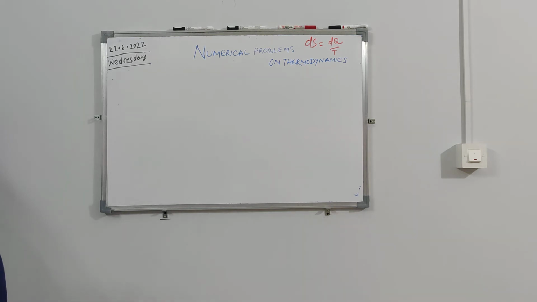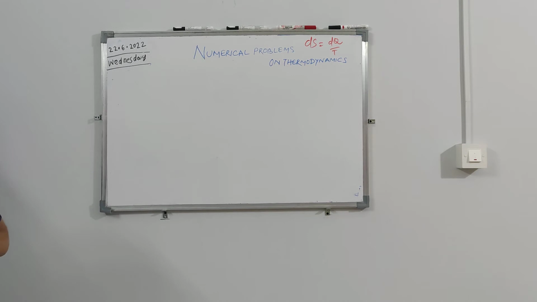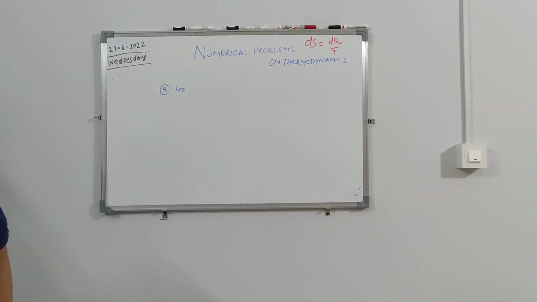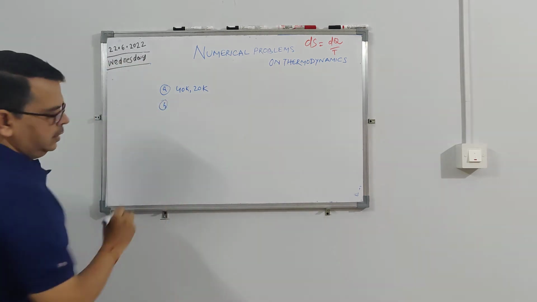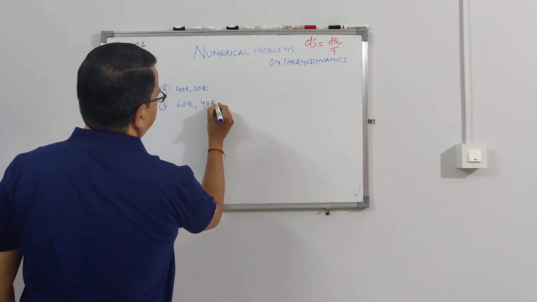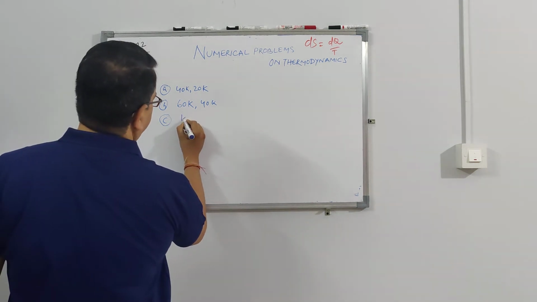The question is, for which combination of working temperature is the efficiency of Carnot engine the least? They have given different options. Option A is 40K, 20K. Option B is 60K, 40K. Option C is 100K, 80K.